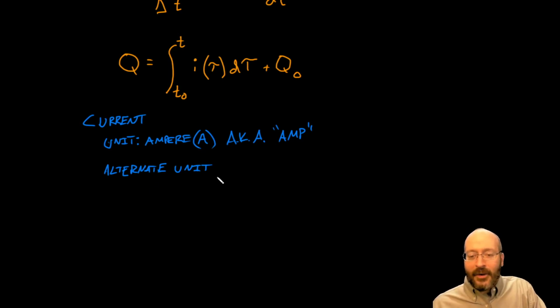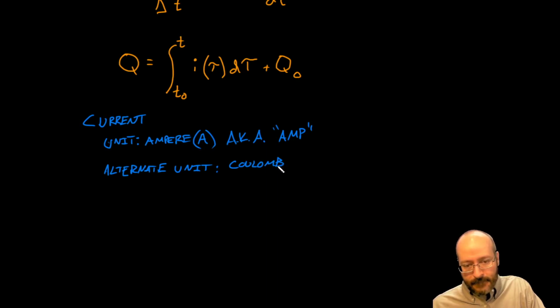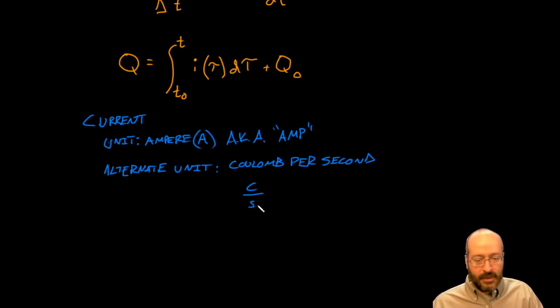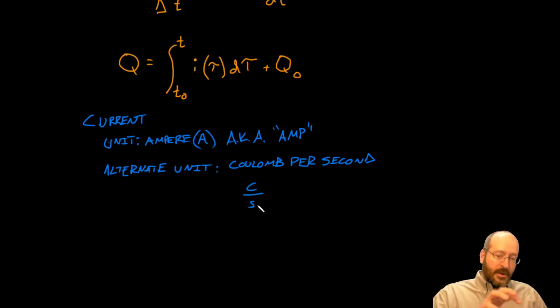The alternate unit is going to be the Coulomb per second. So we may see it written as Coulomb per second with a lowercase s. So if we know the time and we know the charge and we want to find the current, we can do that. Or if we know any two, we can rearrange it and find the third.